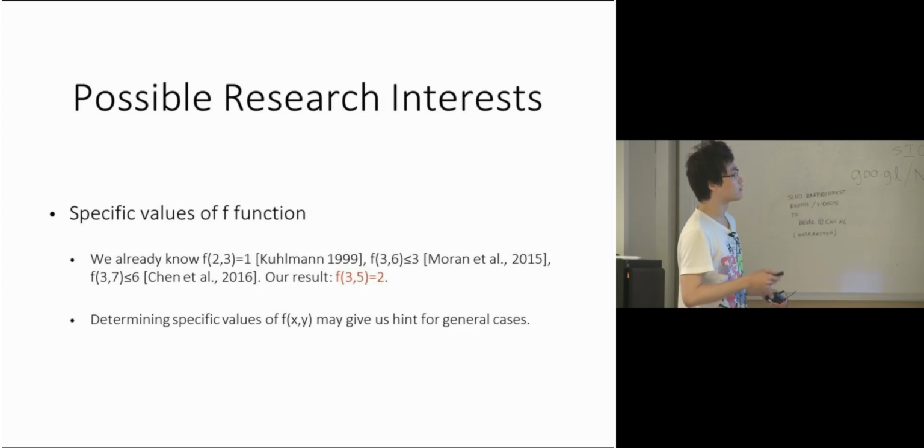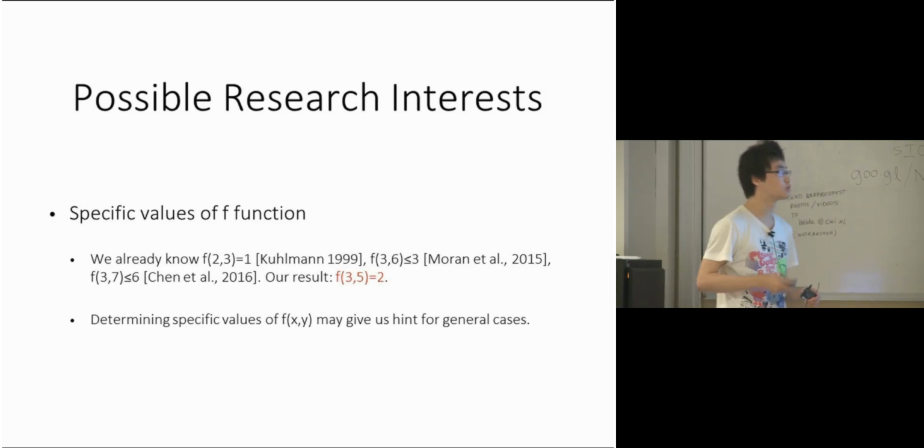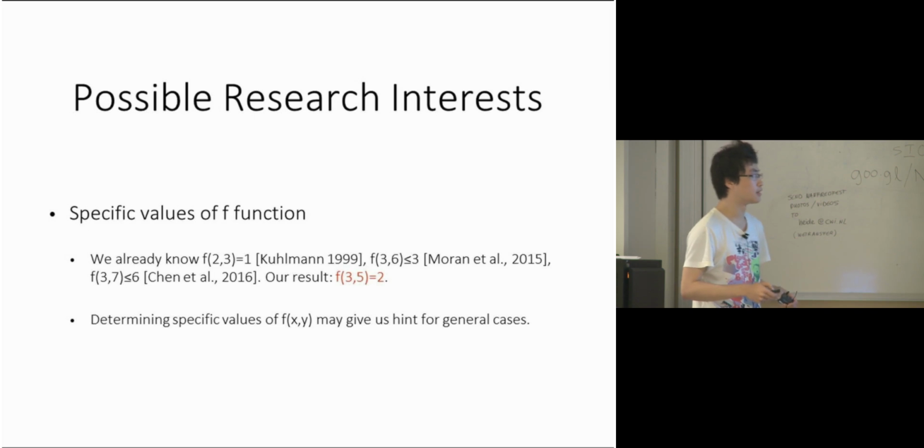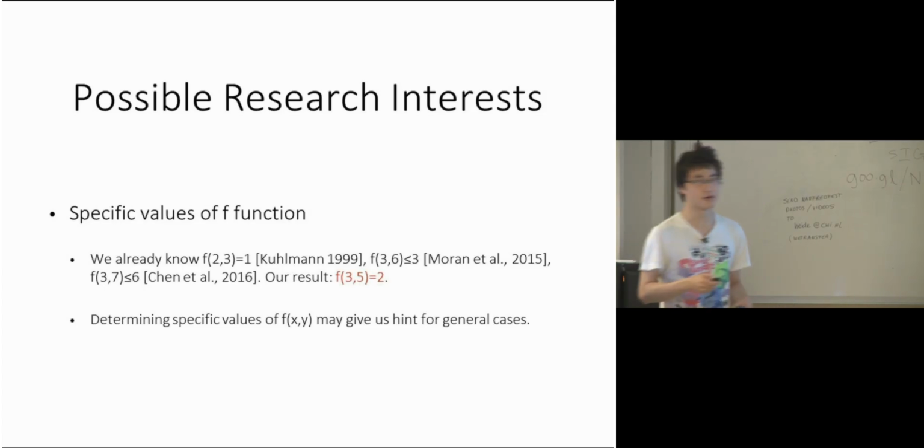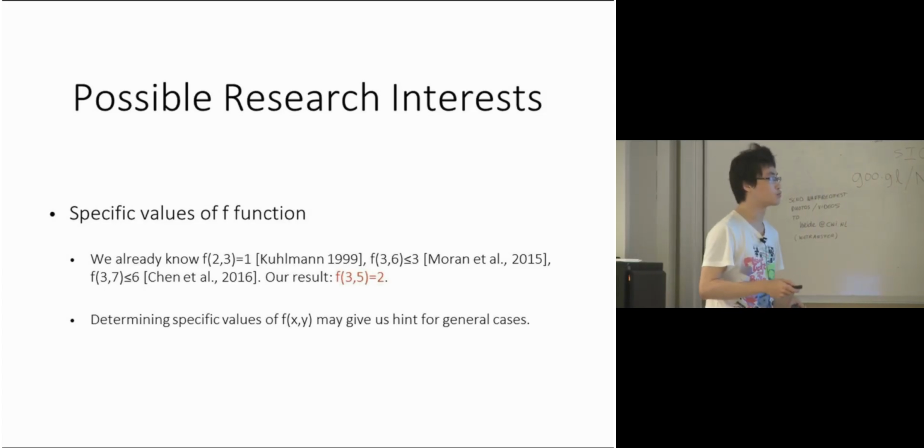The first is to find specific values for the f function. Actually, the first result in this whole research history is by Kuhlmann in 1999, who proved that f(2,3) equals 1, which means that all concept classes with VC dimension 1 have a recursive teaching dimension of at most 1.